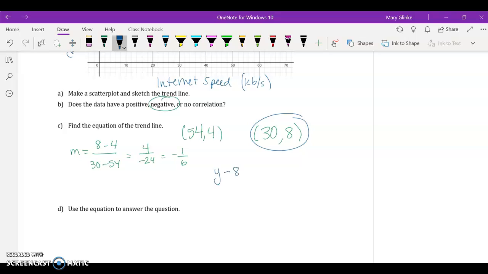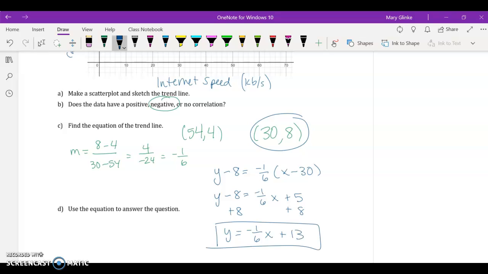So y minus y1 equals m times x minus x1. So we get y minus 8 equals negative 1/6 times x minus 30. And then this negative times a negative becomes a plus, and 30 divided by 6 becomes 5. So I'm going to add 8 to the other side, so I get y equals negative 1/6 x plus 13. And again, you might have a very different trend line for your data.